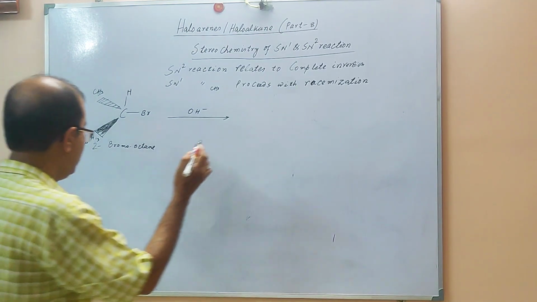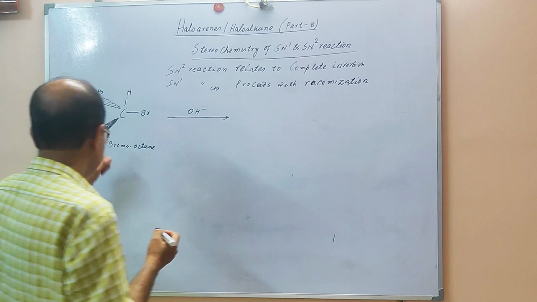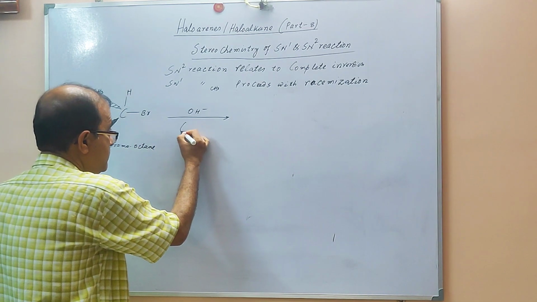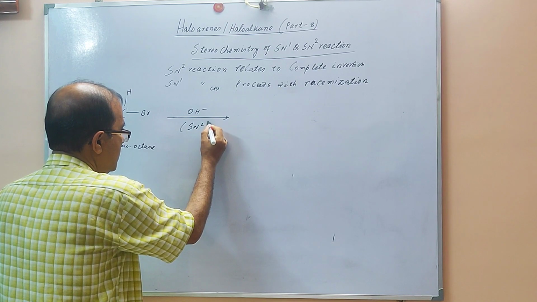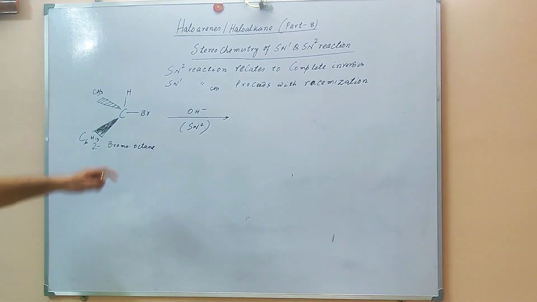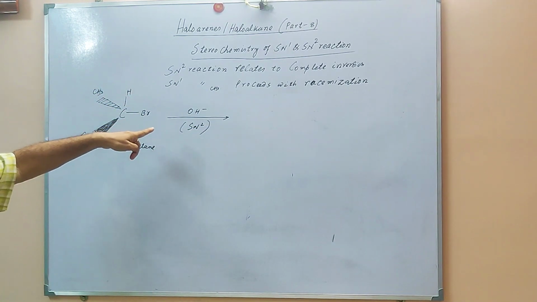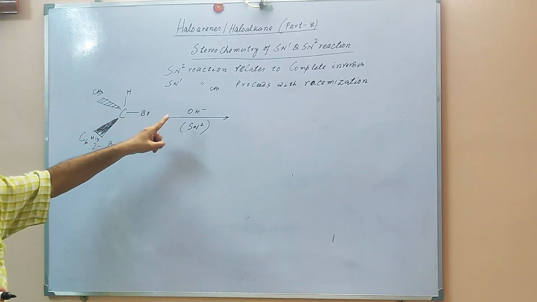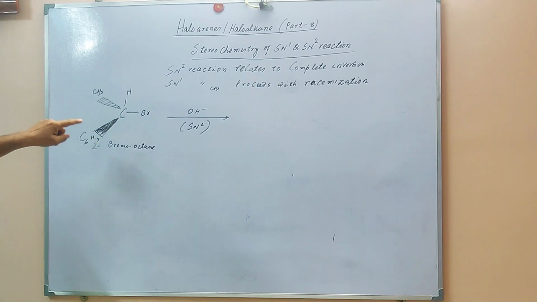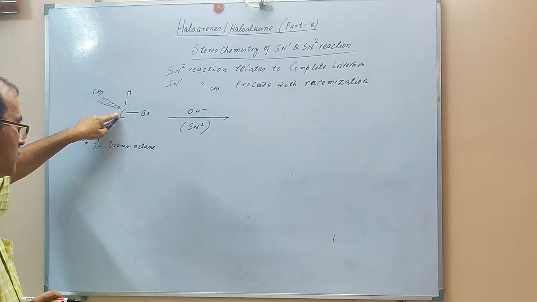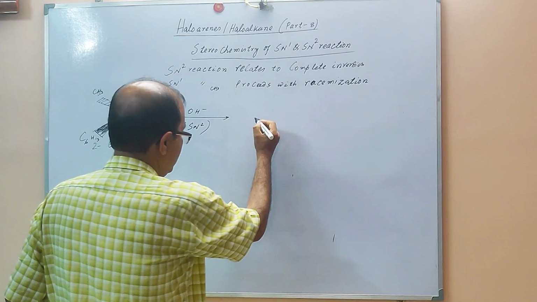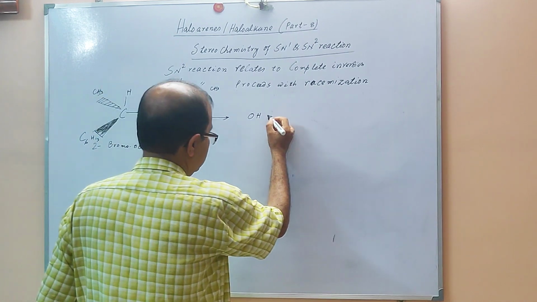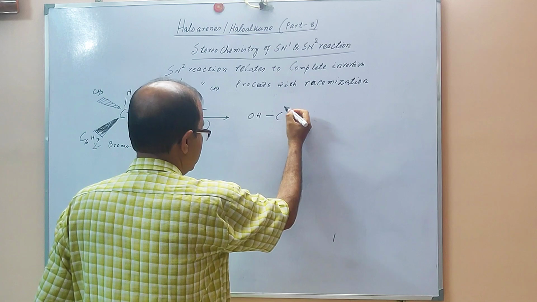We know that in an Sn2 reaction, the OH minus nucleophile will attach to the opposite side of the halogen atom. So there will be a complete inversion of the stereochemical structure.